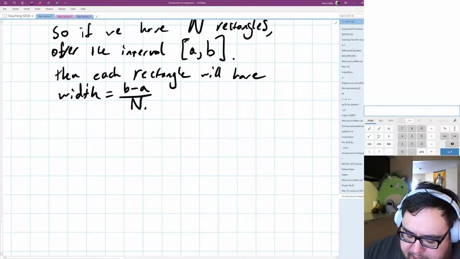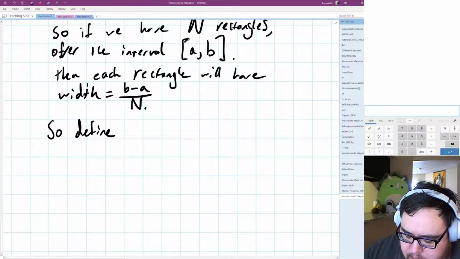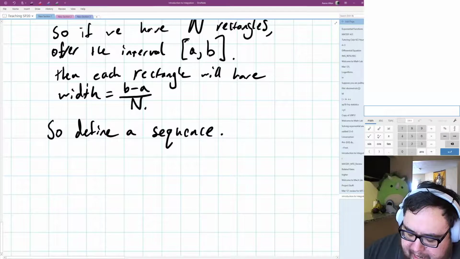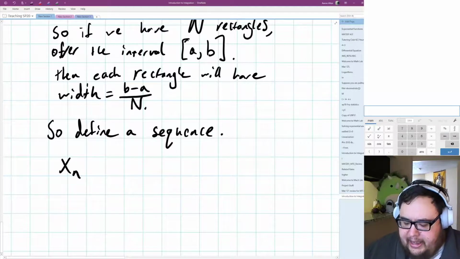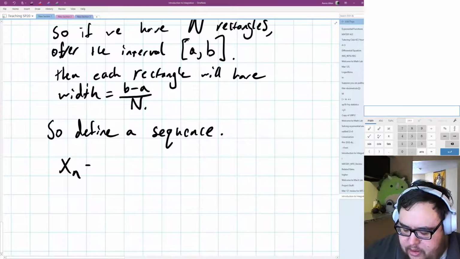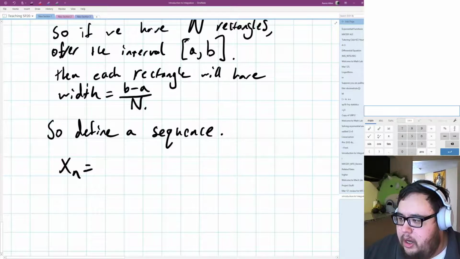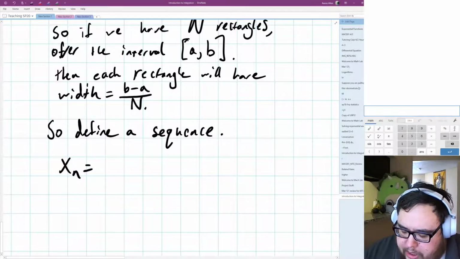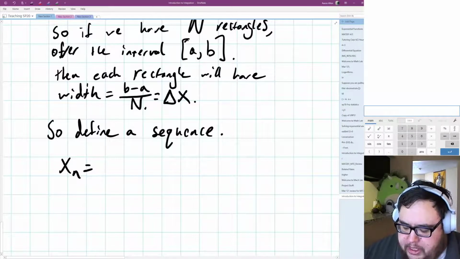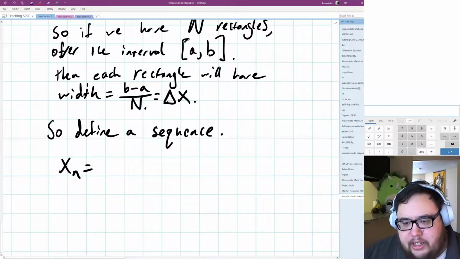So we want to define a sequence. We're going to call it x sub n, right? Let's call delta x equal to b minus a over n. The width of each rectangle is delta x.